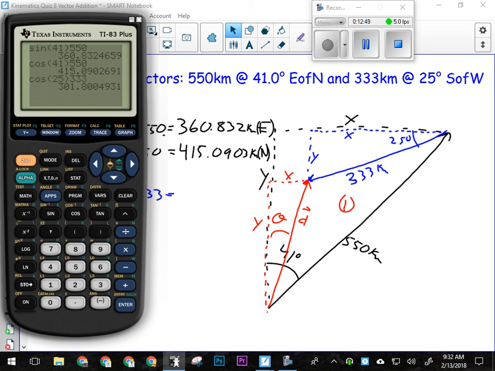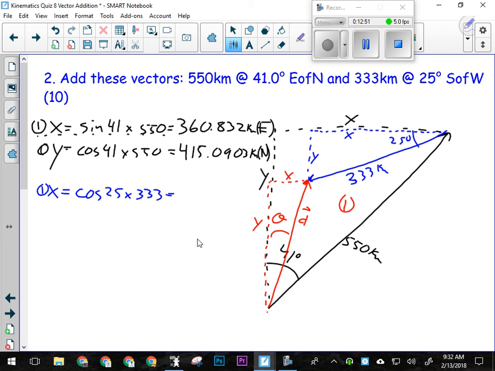All right, so 301.8 kilometers, and that's going to be west.